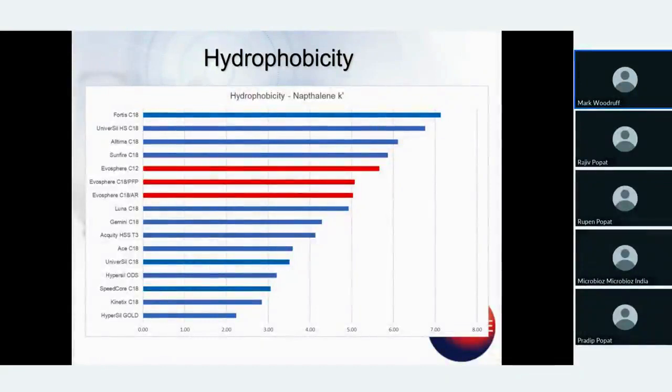What I've highlighted is that even using this mixed combination of C18 PFP and C18 AR that we're going to talk about, you don't lose anything in terms of the hydrophobicity of the system. So it's very strong hydrophobic nature.